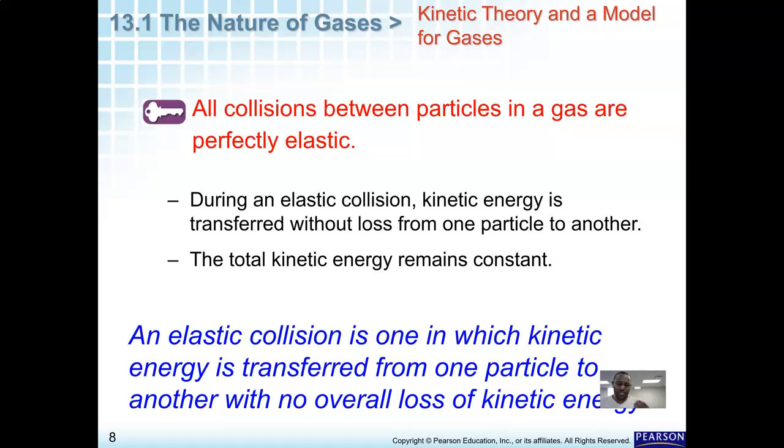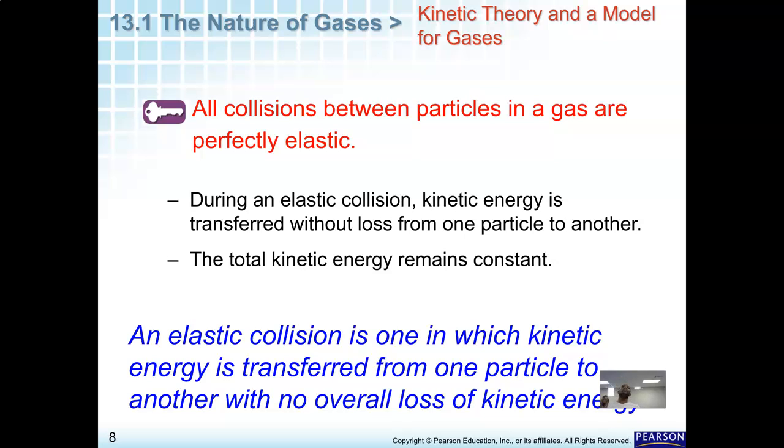So when one molecule of air collides with another molecule of air, the energy is transferred between them without any loss in the form of heat or sound. That is what elastic collision means, which means the total kinetic energy remains constant, or energy is conserved during elastic collision.